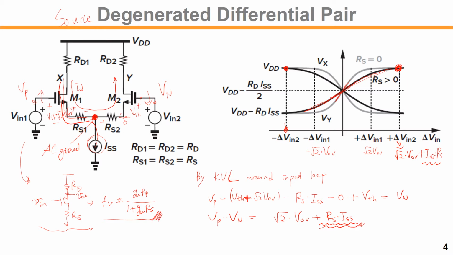Previously, without RS, we had the differential gain of Gm times RD, but now we have a differential gain of Gm times RD over 1 plus Gm RS. So by reducing the gain, we get a larger input amplification range by how much? ISS times RS.